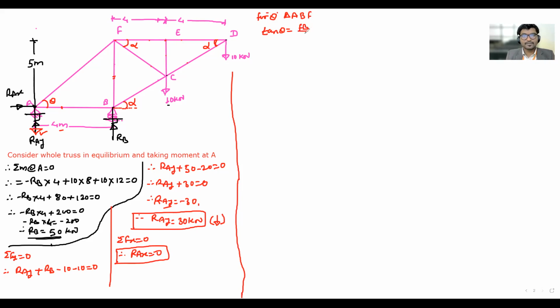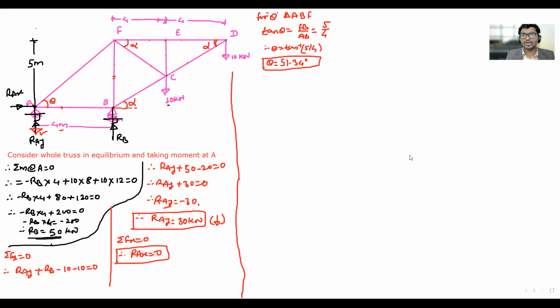That is FB upon AB, which equals FB is 5, AB is 4. Therefore, theta is equal to tan inverse 5 by 4. So, what is theta? 51.34. Okay, great. Now we got theta.